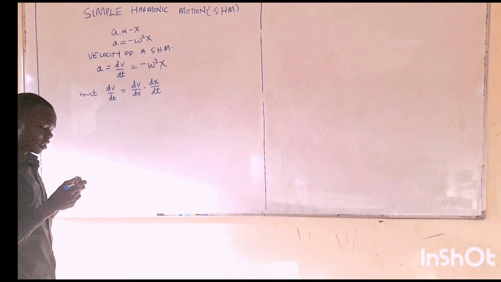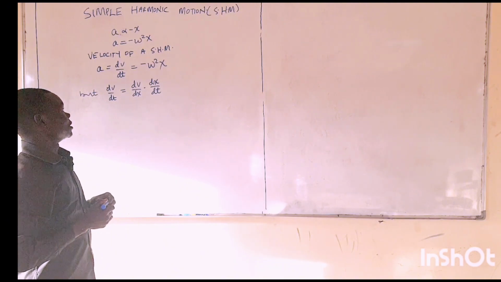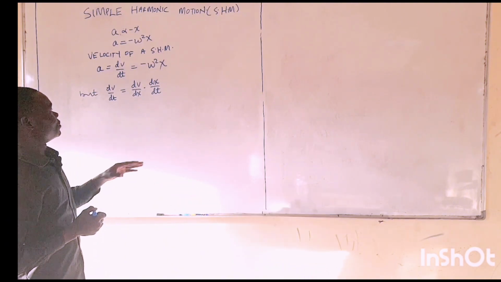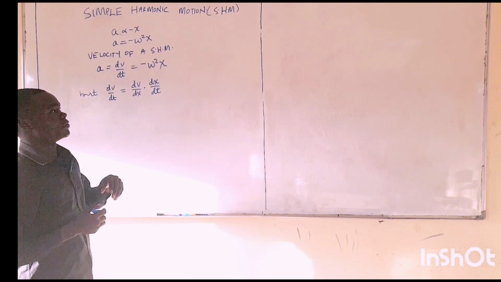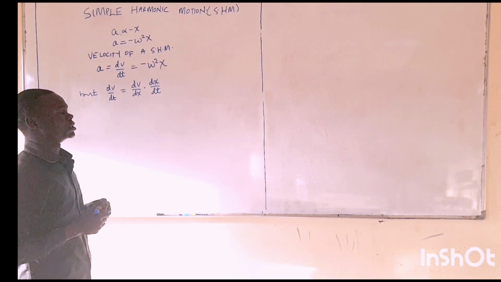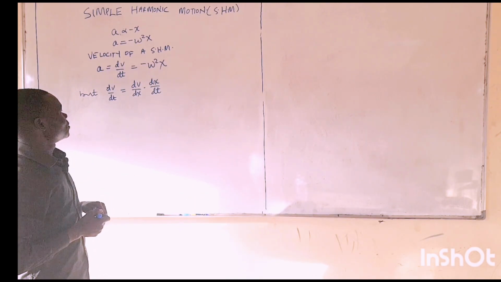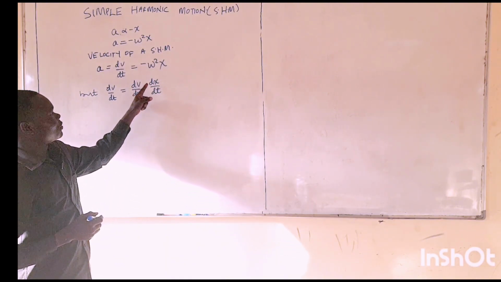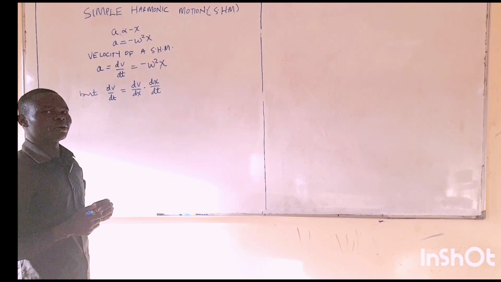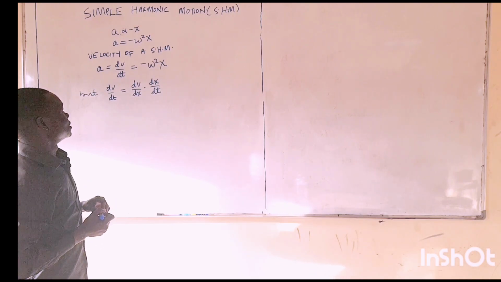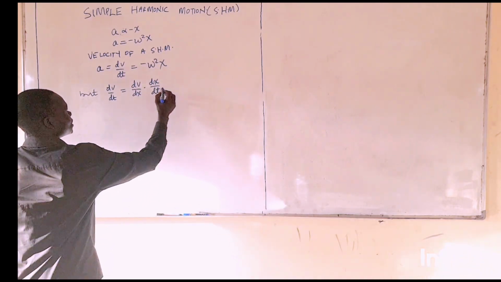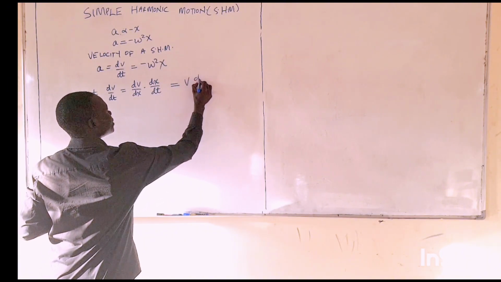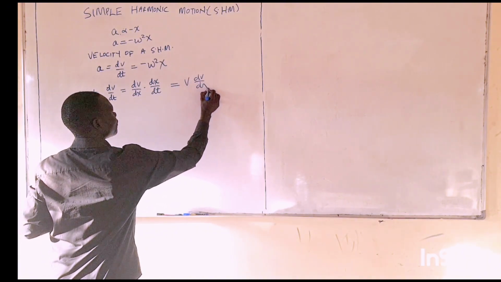This is what we call the chain rule of differentiation, and the right hand side is the same as the left hand side. If you try crossing out, dx will cross out and we go back to dv over dt. But now we shall not cross it out because dx over dt is what we call the velocity in real life. So this one is the same as v dv over dx.